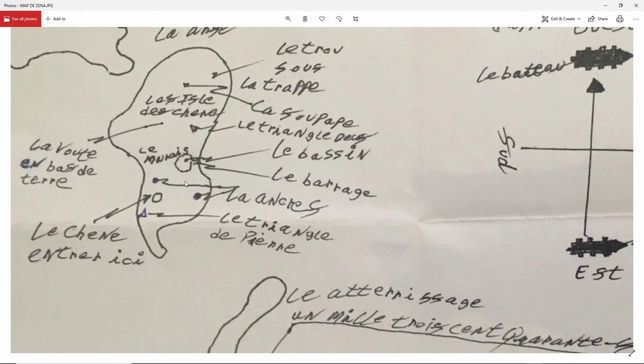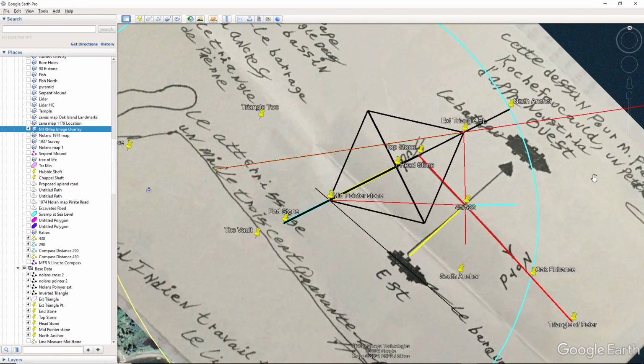So Nolan's Cross is a not mentioned but discoverable piece of information that helps you to locate all these different locations that are on this map, which we haven't solved yet, somehow relate to how to get into the money pit. So we're going to do that right now.